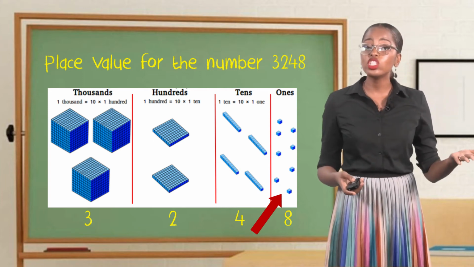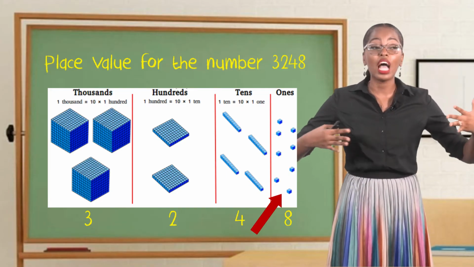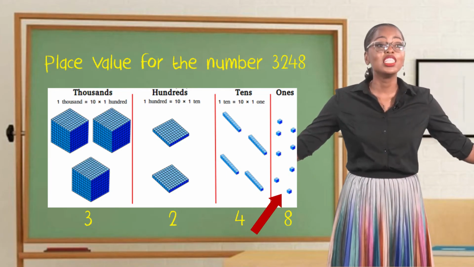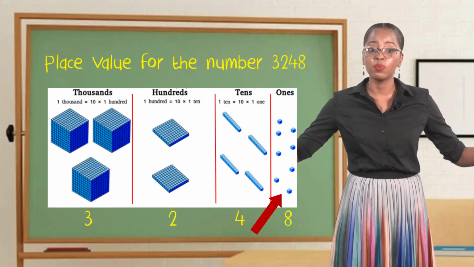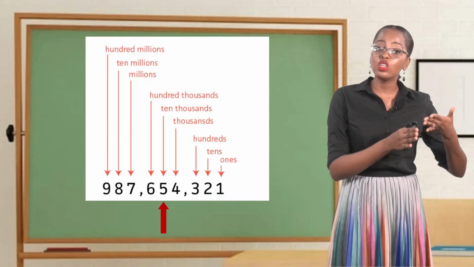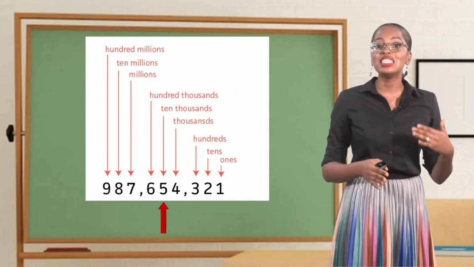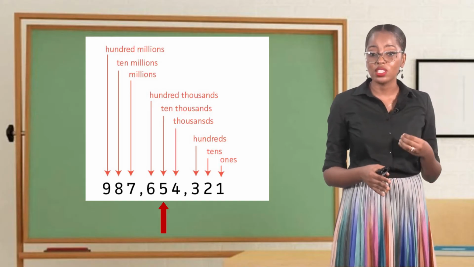But numbers don't just stop at thousands. You should know that numbers can get as huge as this entire planet or this world. They go on and on, right? So after 1,000, the next place value moving to the left would be 10,000s.